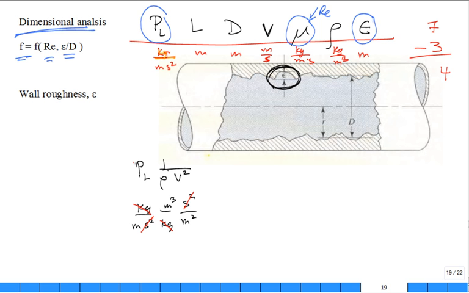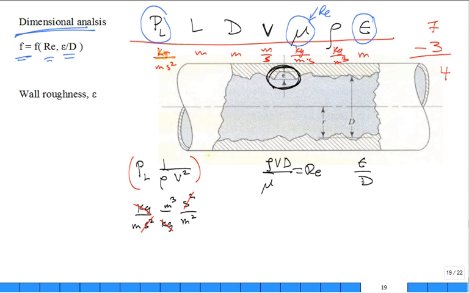So you have P loss divided by rho v squared. That would be one of your pi groups. We've already done the viscosity, so we know that 1 over mu, and then we're going to get the rho, the v, the d. That'll give us the Reynolds number. That'll be dimensionless. And then we're going to get epsilon over d. True?